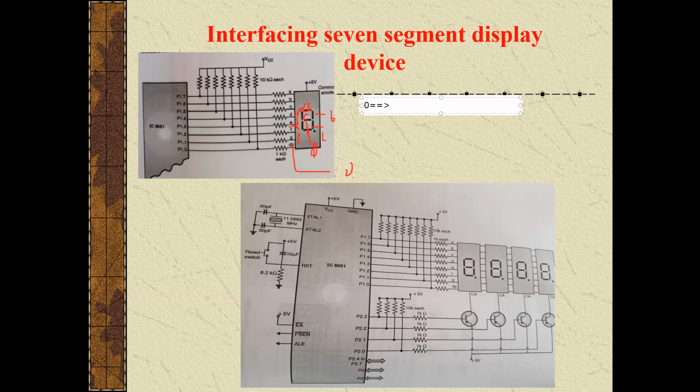What kind of data should flow to the pins for displaying digit 0? Here we have A, B, C, D, E, F, G.